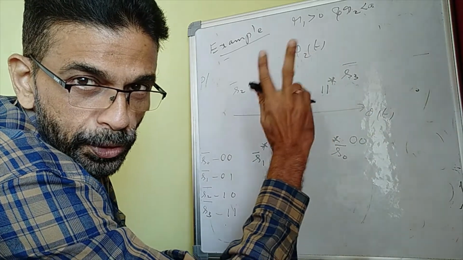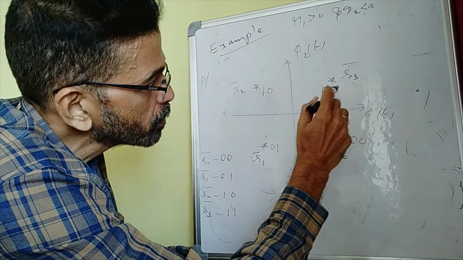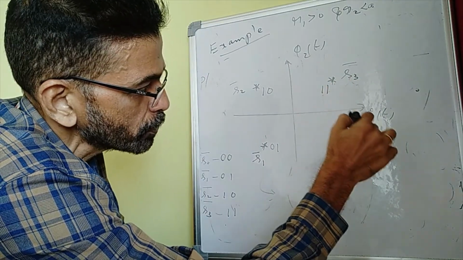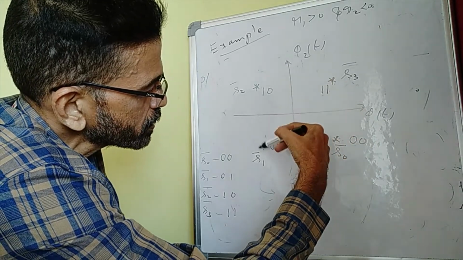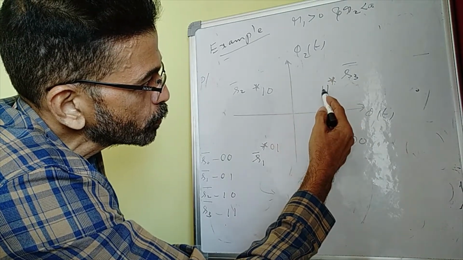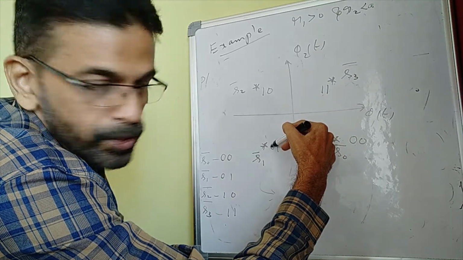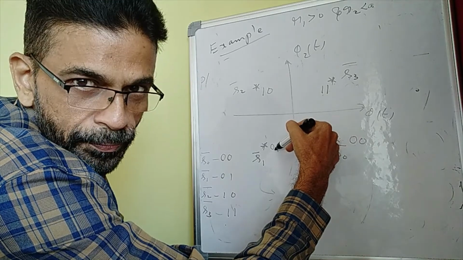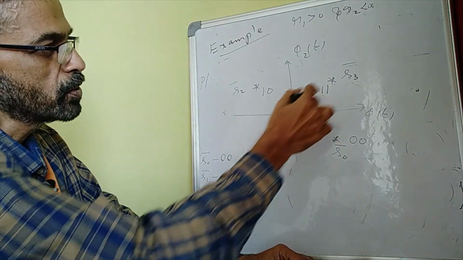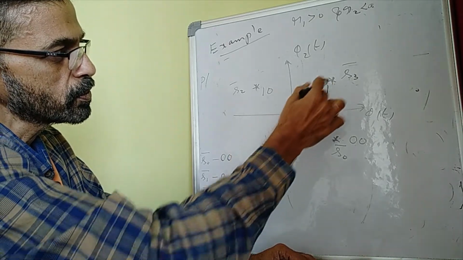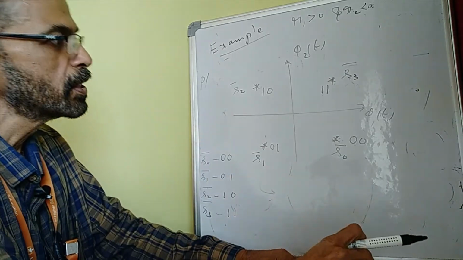That means you are losing 2 bits. So 1 1, if you detect as 0 0, you are losing 2 bits. This one is detected as 0, this one is also detected as 0. What happens if S3(t) is detected as S1(t)? You can see that you lose only 1 bit. The first one is erroneously detected as 0, but the second one you detect correctly.